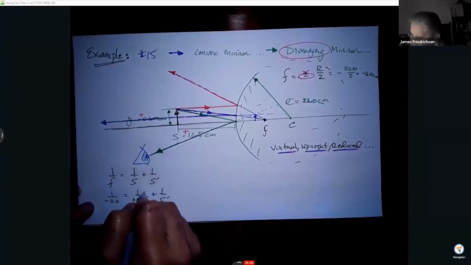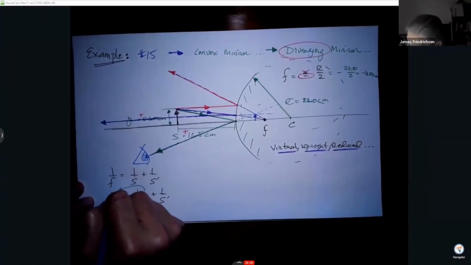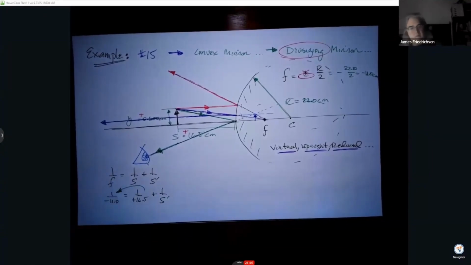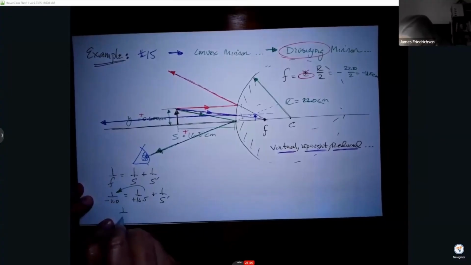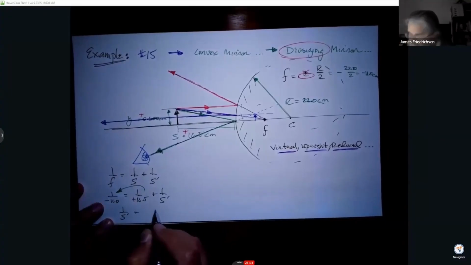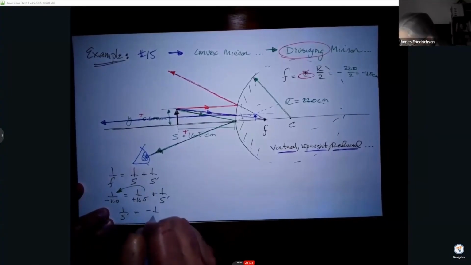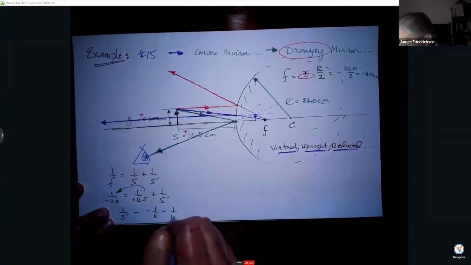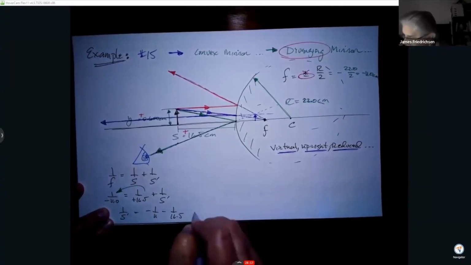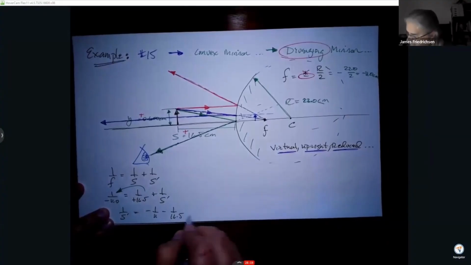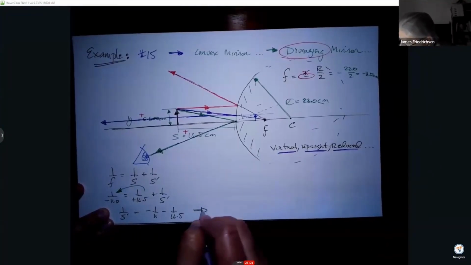And so then we will move this to the other side. And then I'm going to go in and flip the equation because I'm annoying like that. So then this is going to be minus 1 over 11 minus 1 over 16.5. And then with this, we can solve for our s prime.